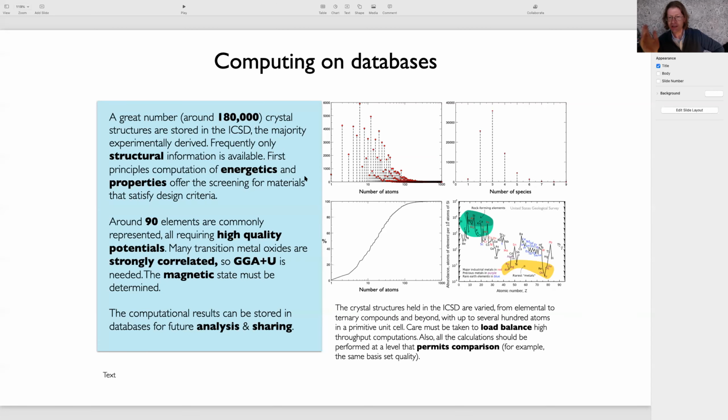As you go to three, you get ternaries, and four, quaternaries, and so on. You can see there's a peak around the binary, ternary, quaternary systems. So most crystal structures that you encounter have 2, 3, or 4 different types of atoms in the unit cell. There are some with larger numbers, 5, 6, and 7, but very few above that.